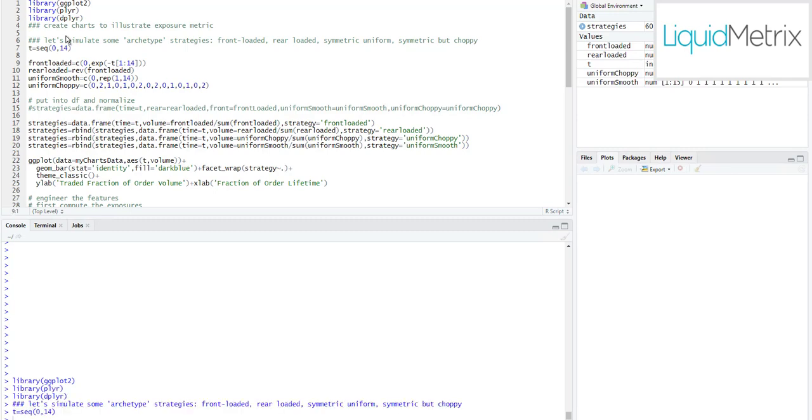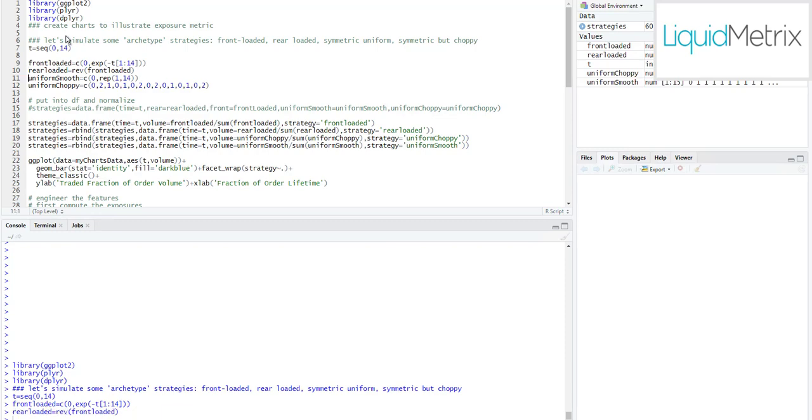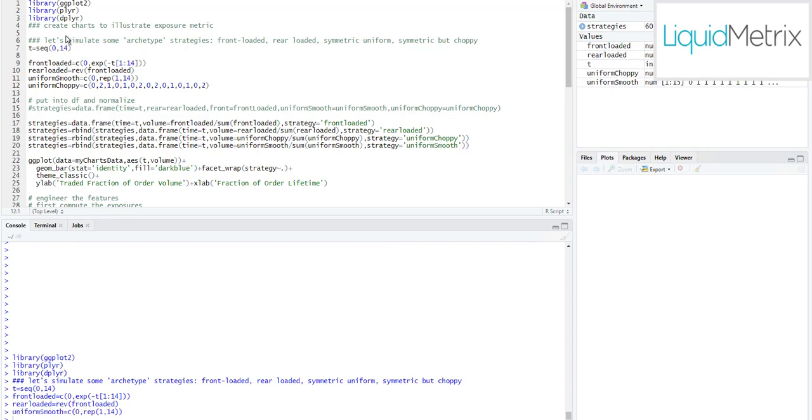We'll set up the strategies so we can have a front-loaded strategy, which may be similar to an implementation shortfall with a high urgency. We can have a rear-loaded strategy, which might be something that's similar to a closing strategy. We might have a uniform smooth strategy, like a time-weighted average price. A uniform choppy strategy, which might correspond to a POV type strategy.